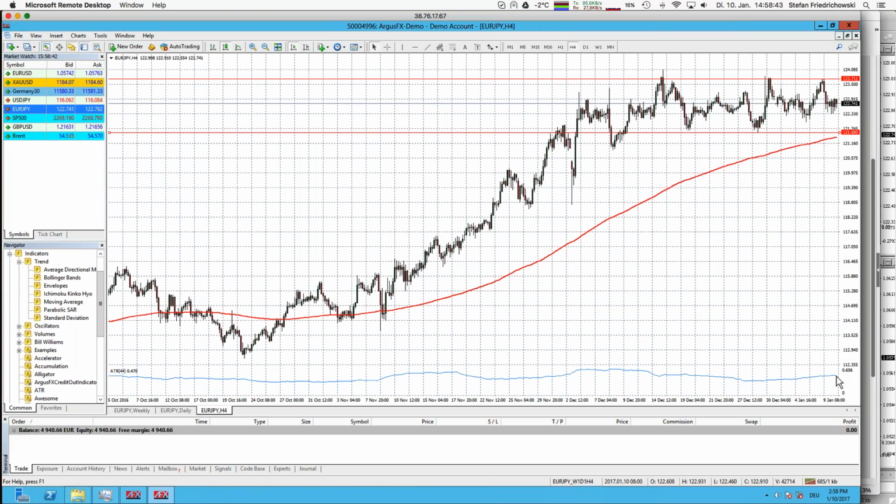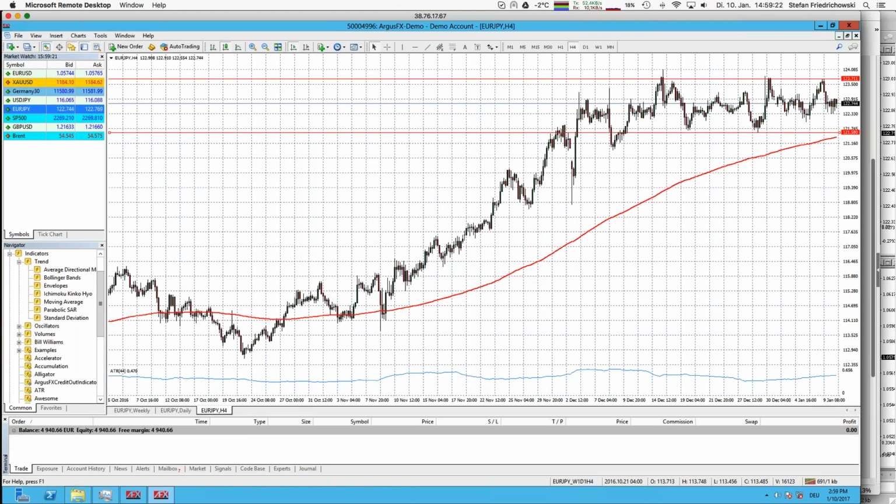So the overall range in units of ATR is 4 times ATR is the range distance or the range size. So that means a good stop loss value might be the double value of the ATR. Let me put that into numbers and finally into a trade. So I want to have a potential entry at 123.711.